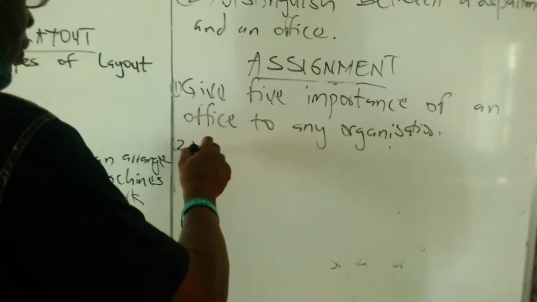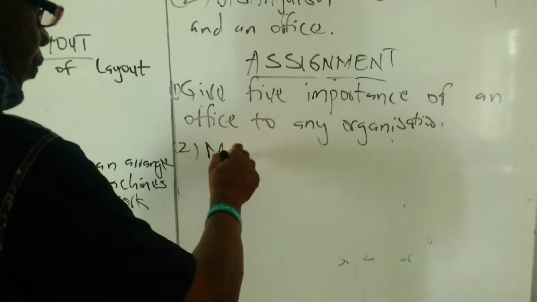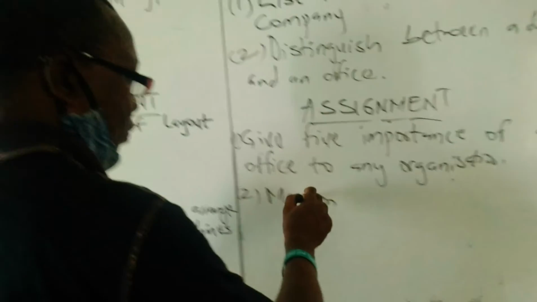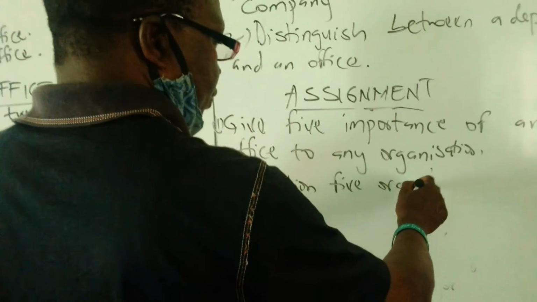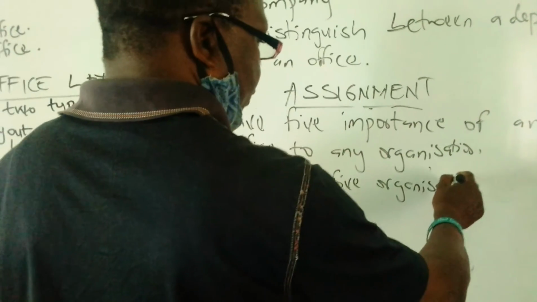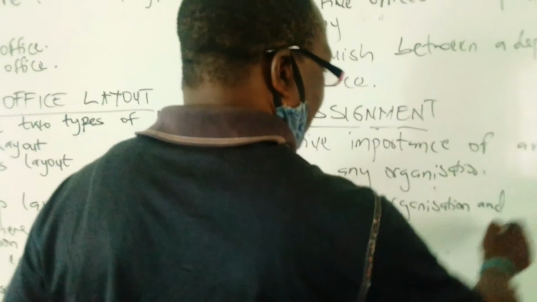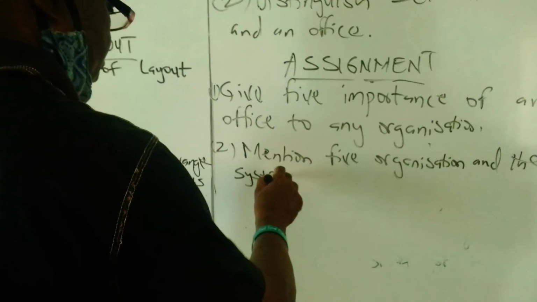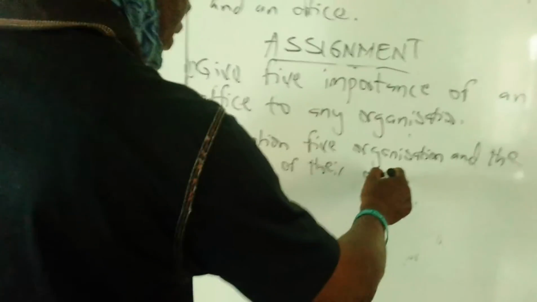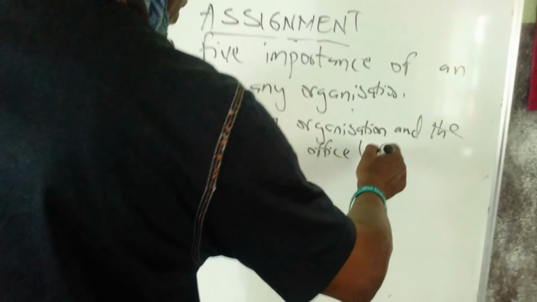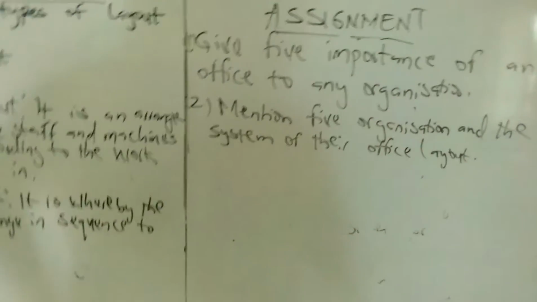Then 2, mention 5 organizations and the system of their office layout. Is that clear?